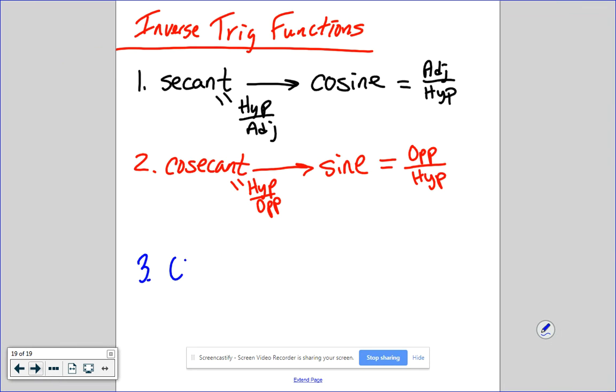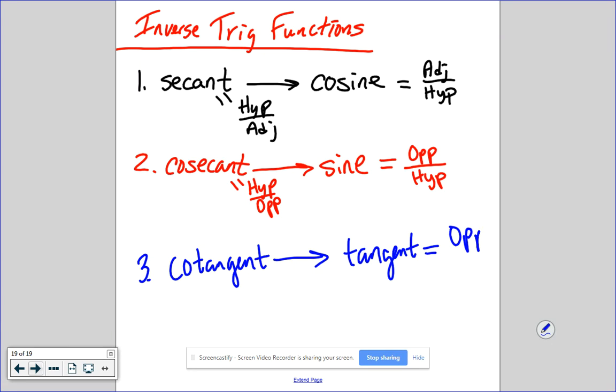Lastly, cotangent. Obviously the only one left is tangent. It's the inverse of tan. Tan is opposite over adjacent, which then means cotan is adjacent over opposite.